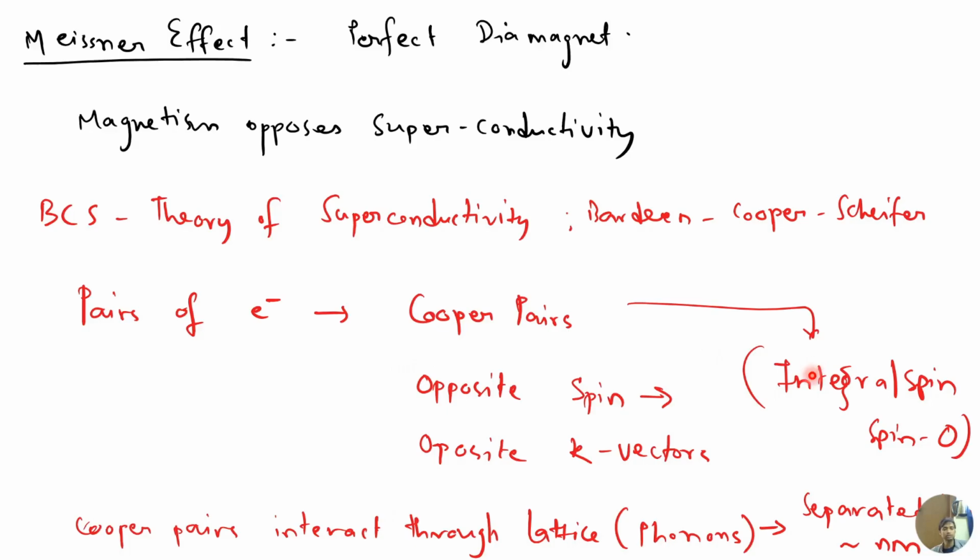Since they have opposite spin, this pair behaves as a single entity, so the net spin will be 0 because they need to have opposite spin. So the spin of the Cooper pair is an integer, which is 0.